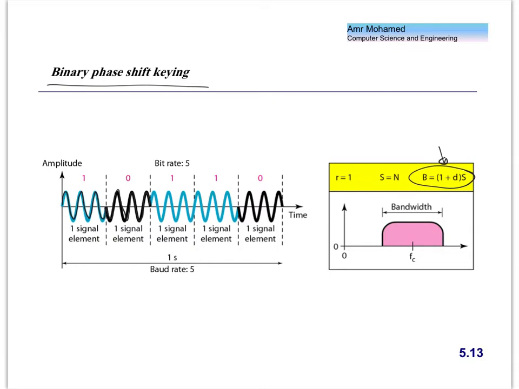So phase shift keying tends to have the same advantage as frequency shift keying when it comes to noise resistance. What is the cost here? Remember we talked about non-coherent FSK, where we said that if you have a discontinuity in the signal, this tends to have high frequency components, right?